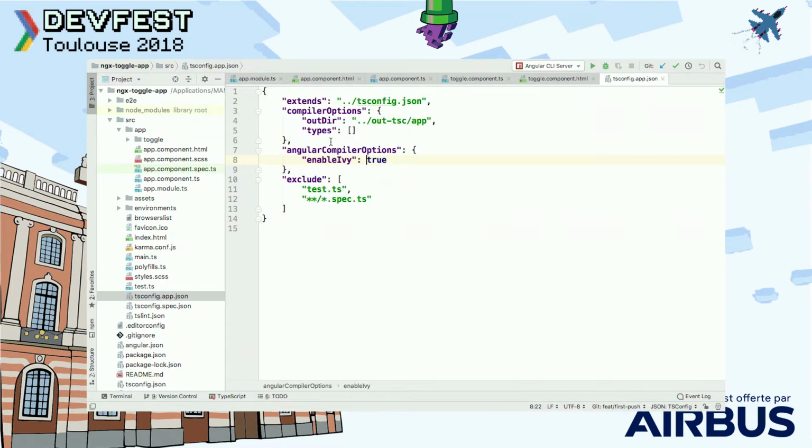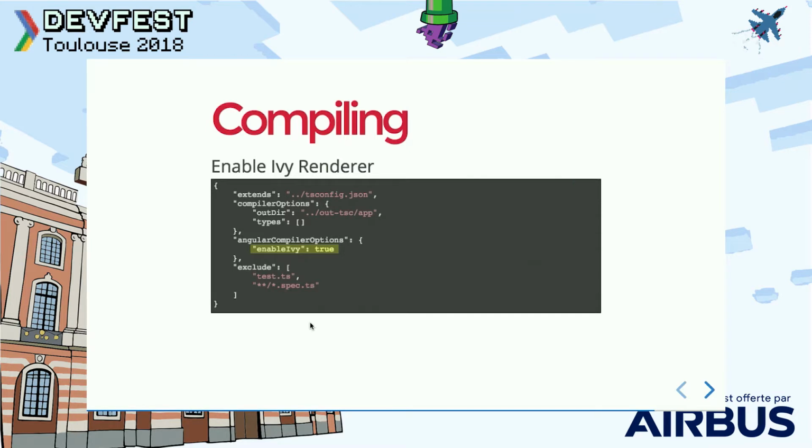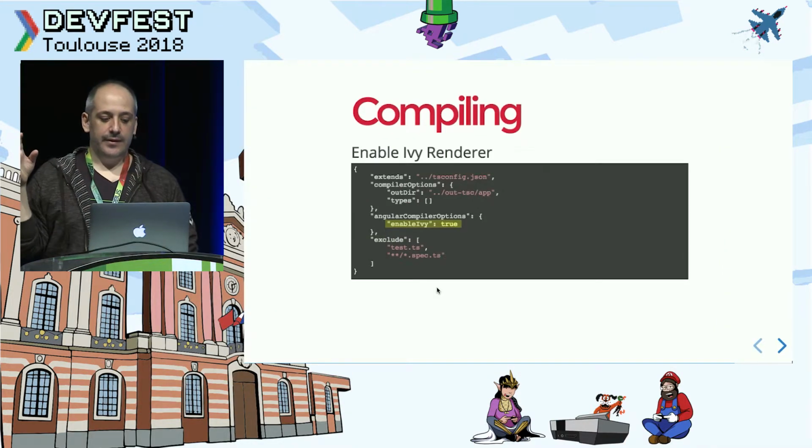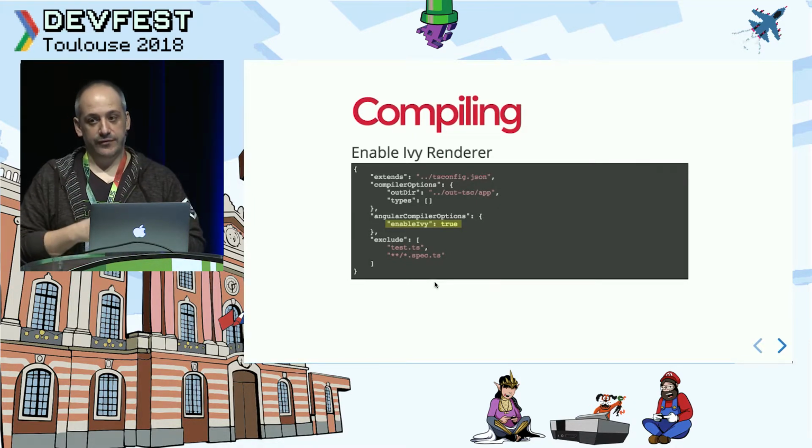And here, enable Ivy, OK? Set to true. That's it. And that's how you change the old renderer to the new Ivy renderer, which is going to be incredibly performant, and the size of the app is going to be much, much lower.